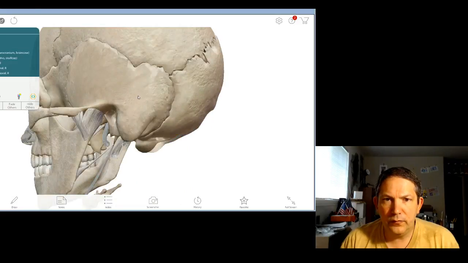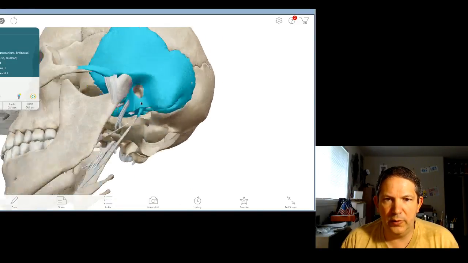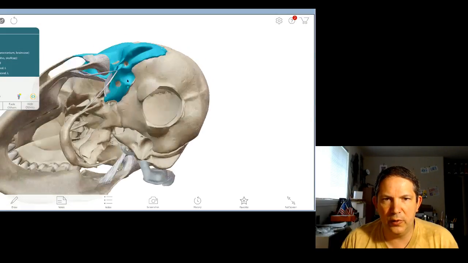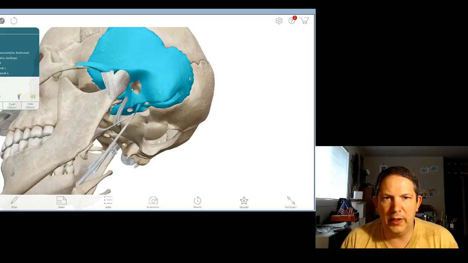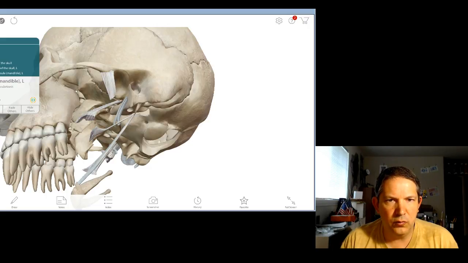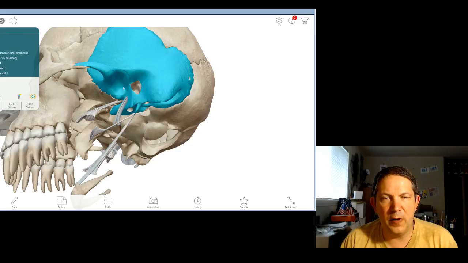Okay, so there's a left and right temporal bone with a mastoid process and a styloid process, also forming part of the temporomandibular joint. So there's going to be a mandibular fossa. If we hide the mandible for a second and hide this joint capsule, then we can see the fossa, which is a scooped out area, the mandibular fossa on the temporal bone.